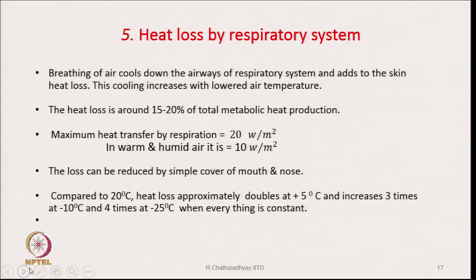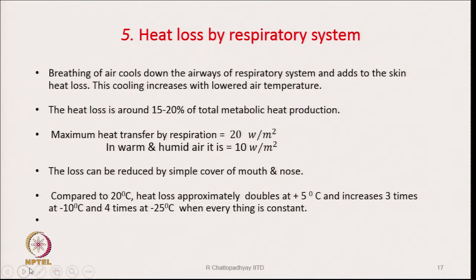Now, as I said earlier, heat is also lost through the respiratory mechanism, because we are breathing air continuously, whether we are sleeping or not. Breathing of air cools down the airways of the respiratory system and adds to the skin heat loss.